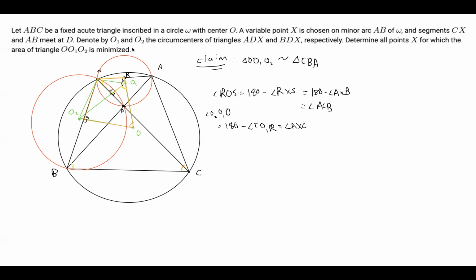Okay, so those two angles are equal as well. So angle OO1O2 is equal to angle ABC. Right, and since the two yellow angles here and there are equal to each other, and the two orange angles here and there are equal to each other, we have by angle-angle similarity that this is true.